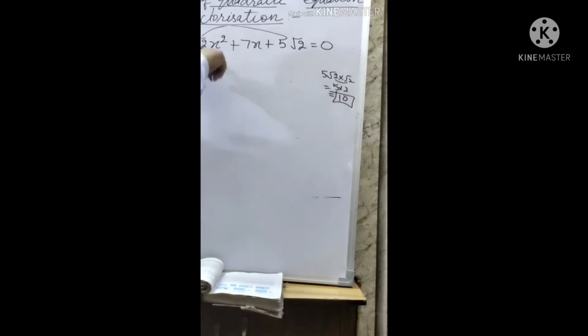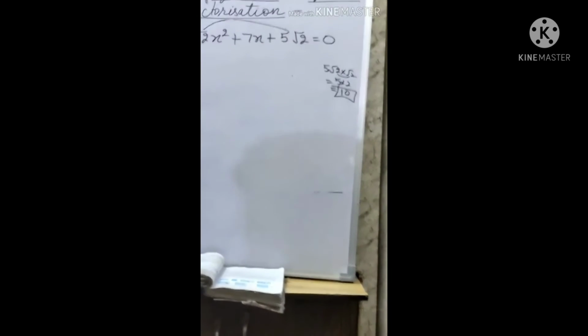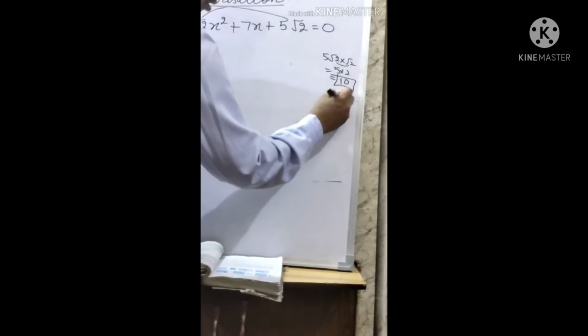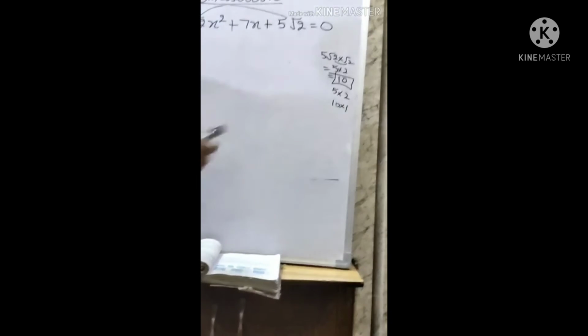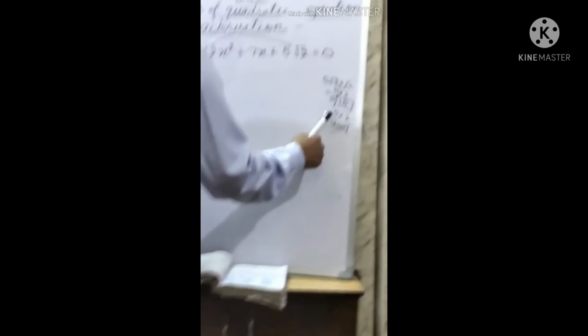So the first term and last term coefficients multiplied, then you are getting 10. Now you make the factors of 10. In which table is 10 coming? 5 twos are 10, 10 ones are 10. If you say 10 ones are 10, 10 plus 1 is 11, 10 minus 1 is 9, but you want 7, so it is wrong.